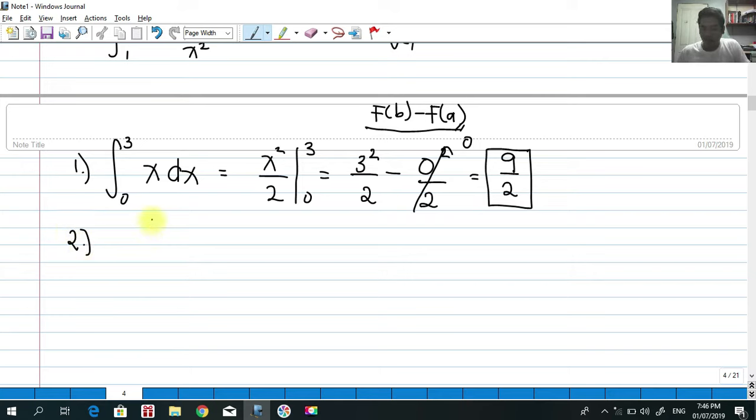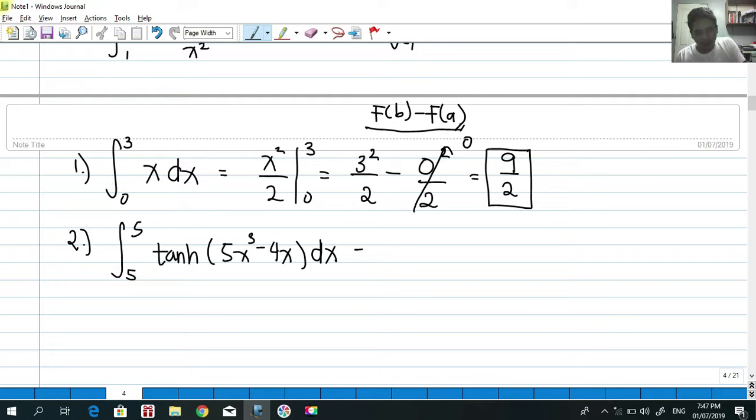So for number two, we have the integral of the hyperbolic tangent of 5x cubed minus 4x dx, evaluated from 5 to 5. Looking at the properties we discussed a while ago, this should yield what number? 0. Why?